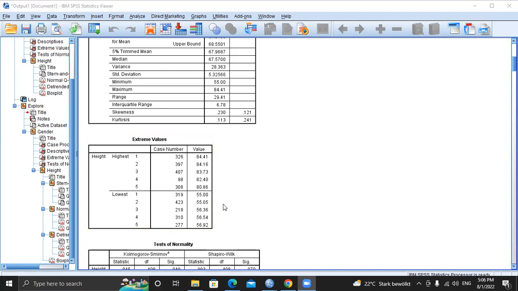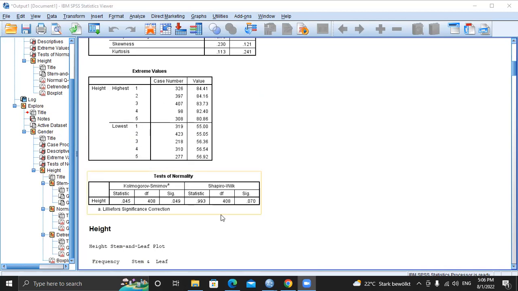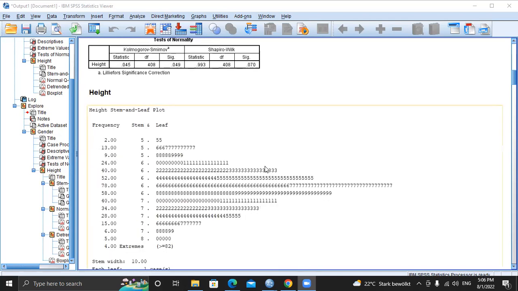So we may have some extreme values, but the data is normally distributed. Although Shapiro and Kolmogorov seem to be disagreeing, we know that the sample size is more than 30 or 50, so it starts being sensitive. So continue.